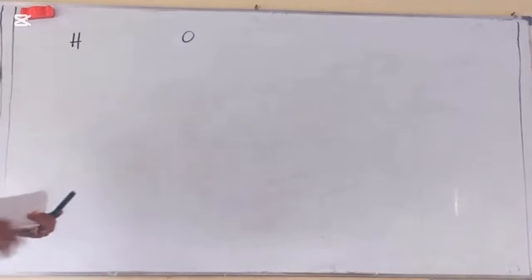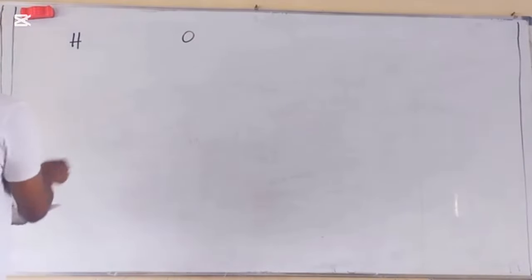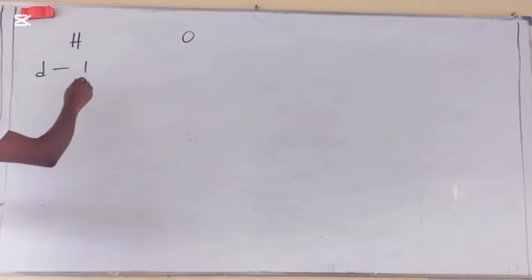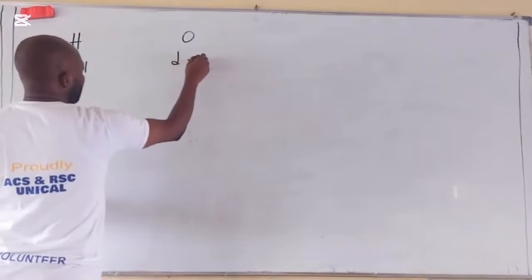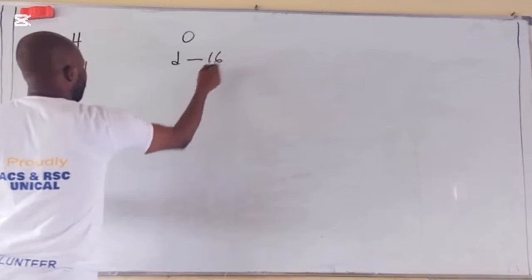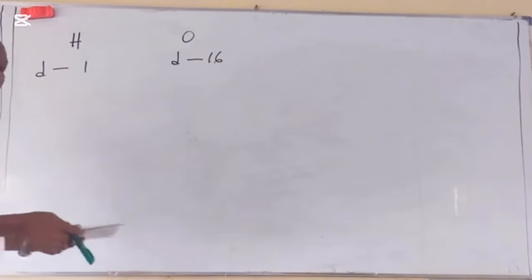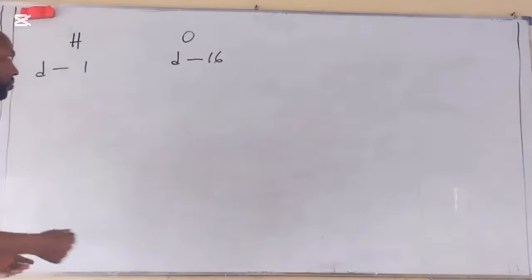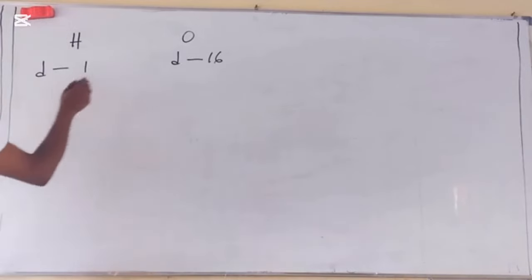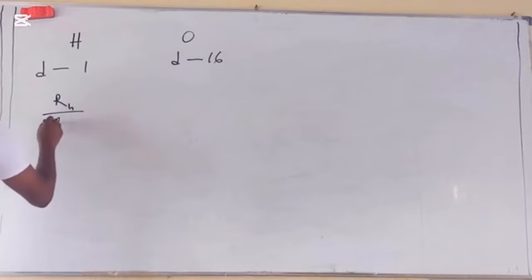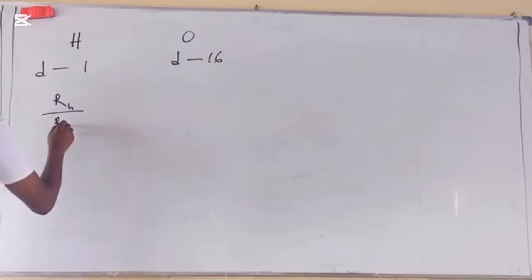The vapor density of hydrogen is 1, and that of oxygen is 16. We say, how many times is the rate of diffusion? First off, okay, let's start. This is rate for hydrogen, which is my arrow. This is my arrow to rate for oxygen.